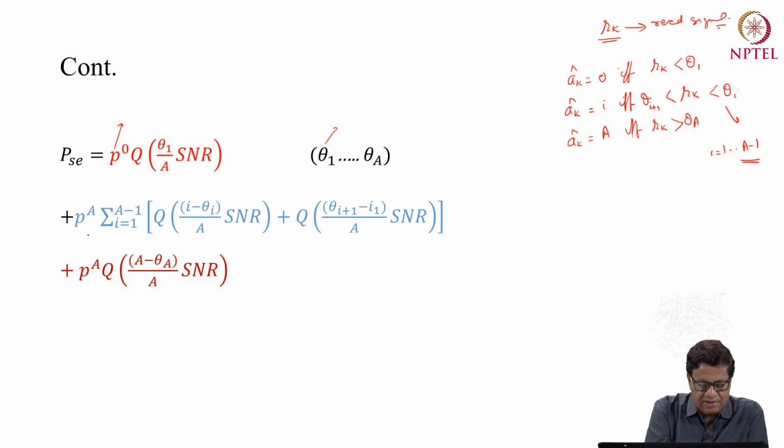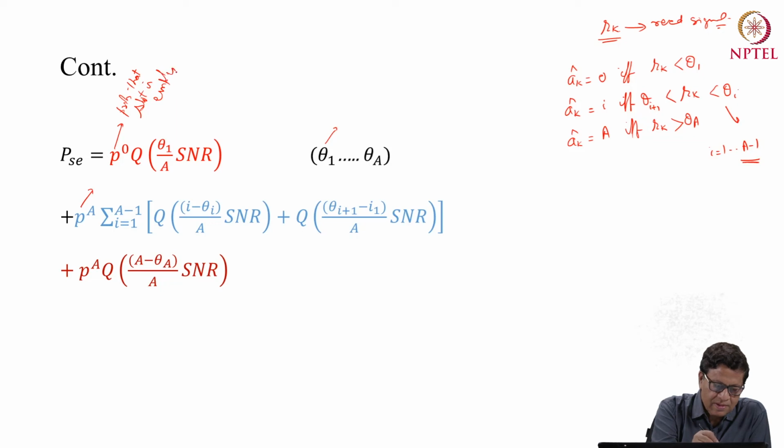And the second is that the received slot has amplitude A. Let me write the probability that the slot is empty. This is the probability that the slot is of amplitude A.